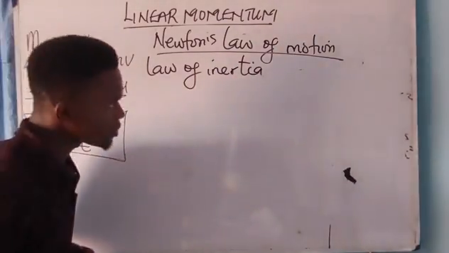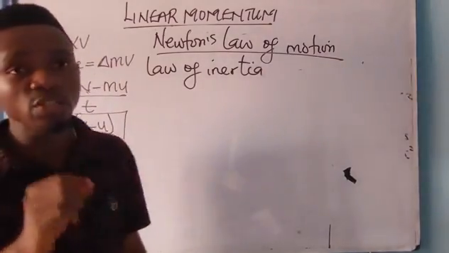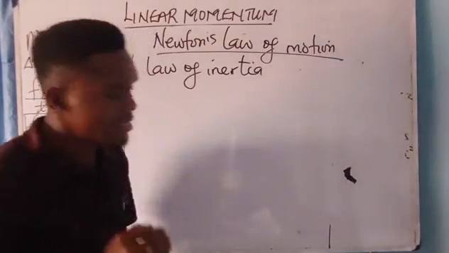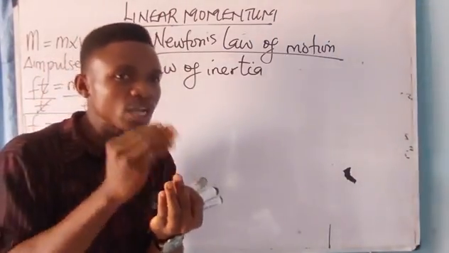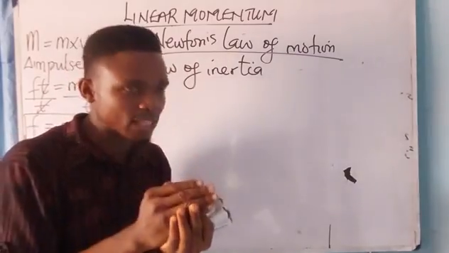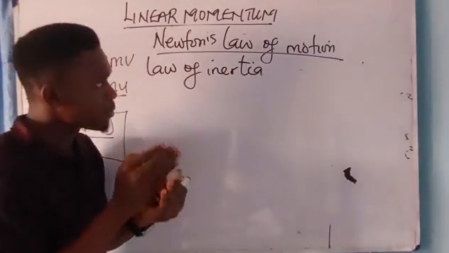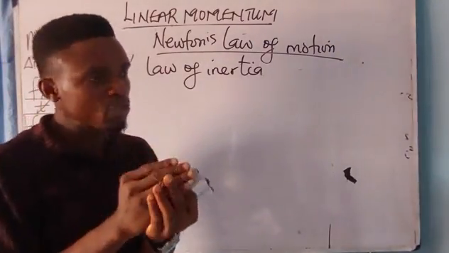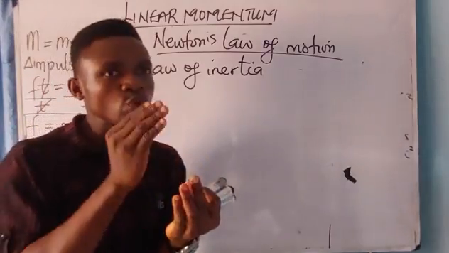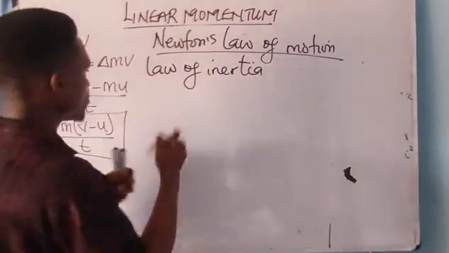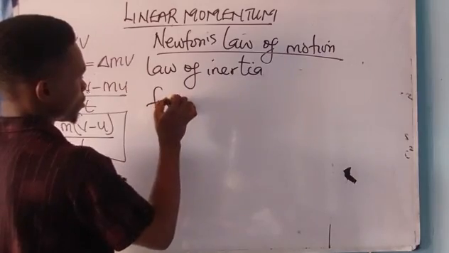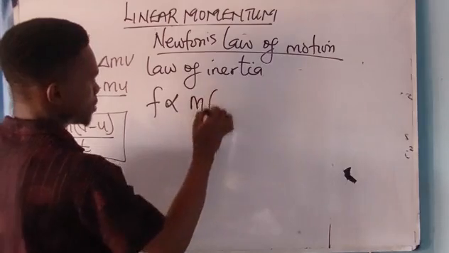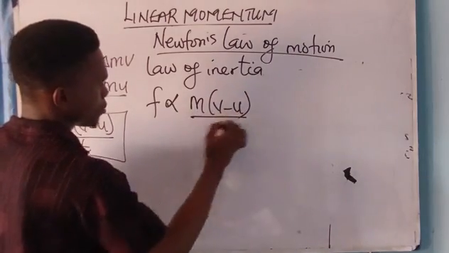Now, the second law states that the rate of change of momentum is directly proportional to the force applied. I recap, the rate of change of momentum is directly proportional to the force applied, which means that I take this momentum, mv minus u over t.